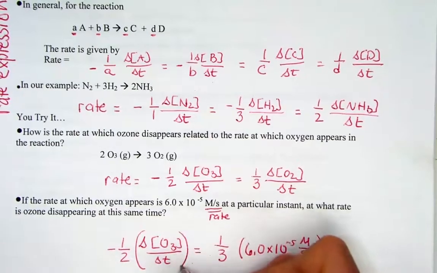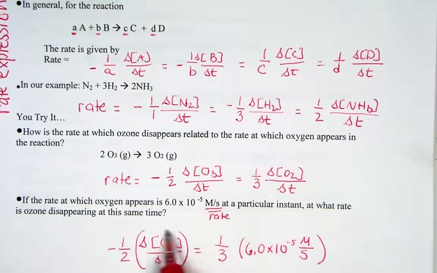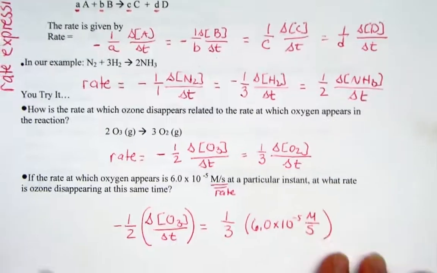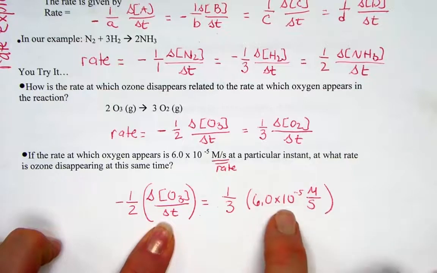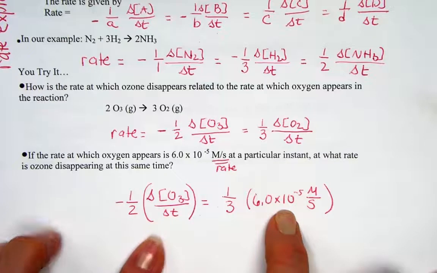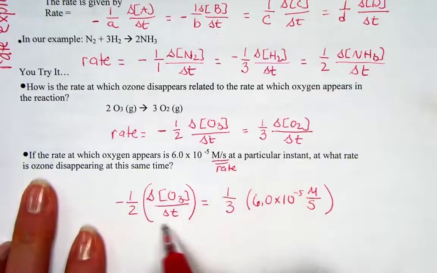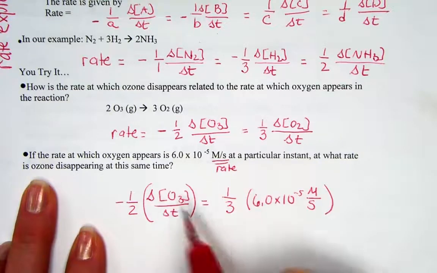We're being asked to solve for this part of our equation. How quickly does the ozone disappear if we have the rate at which oxygen appears? And now it's just algebra. We want to get this by itself. The change in concentration of ozone over the change in time is our target variable.